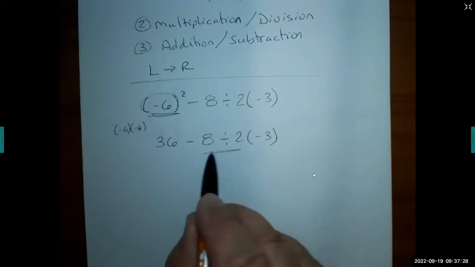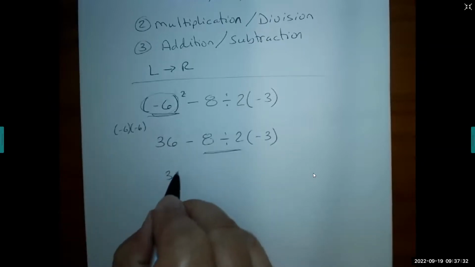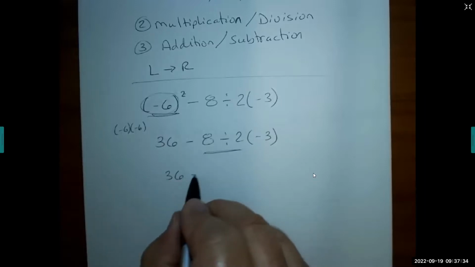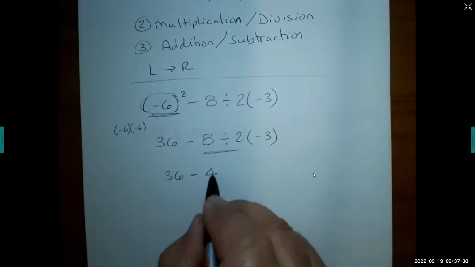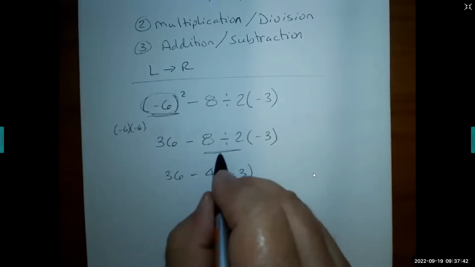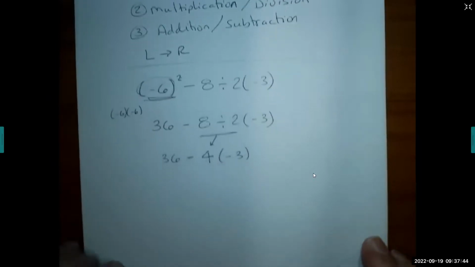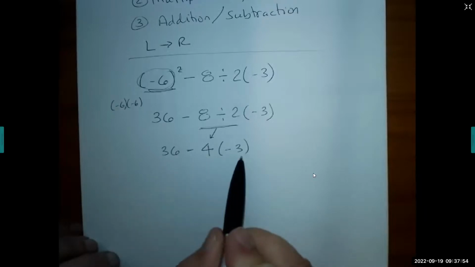Here's a division right here. Eight divided by 2 is 4. Again, left to right, no special operations.